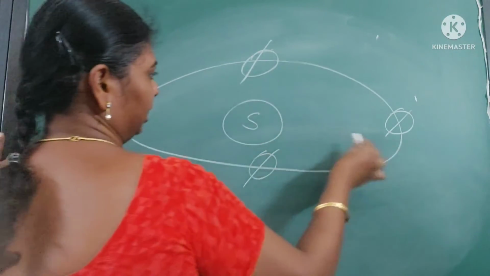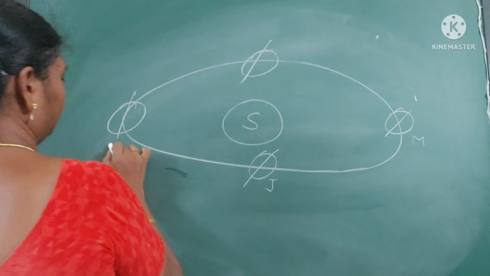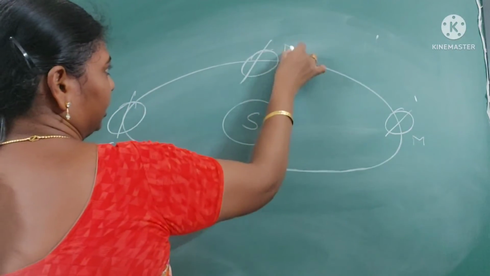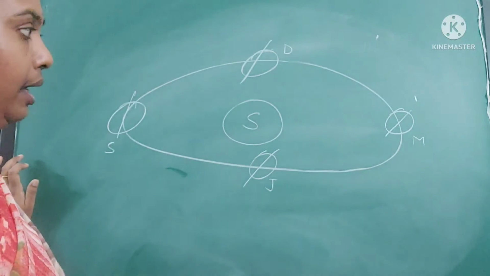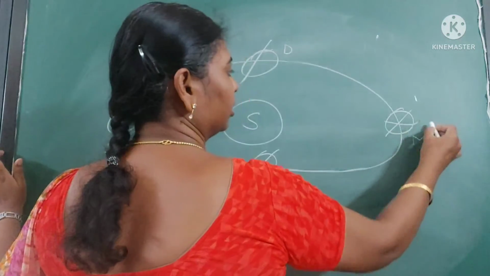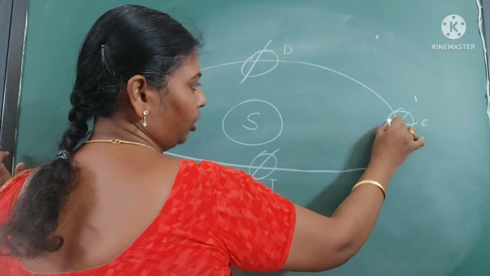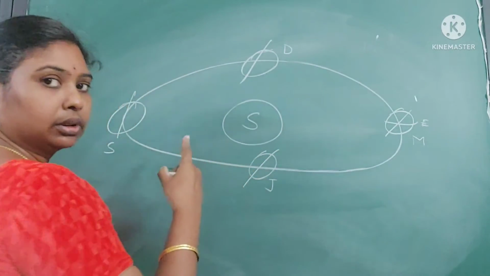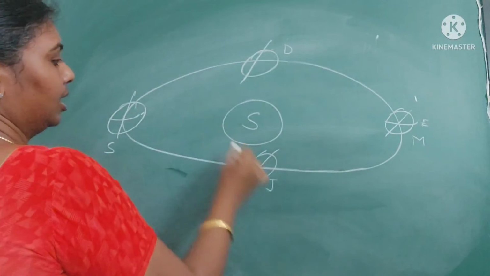Take for example these four months: March, June, September and December. Here the sun rays fall directly on the equator, so it will be an equinox.